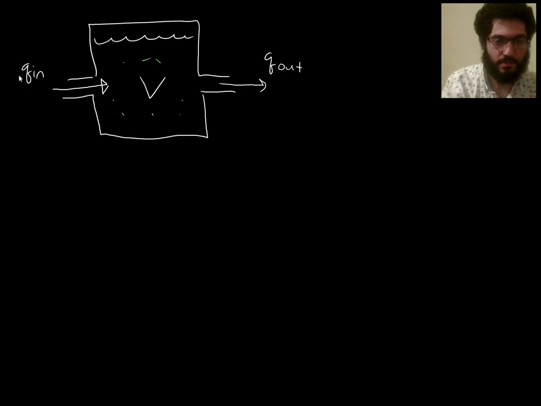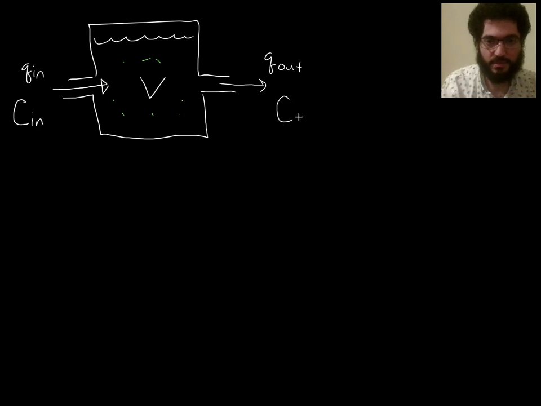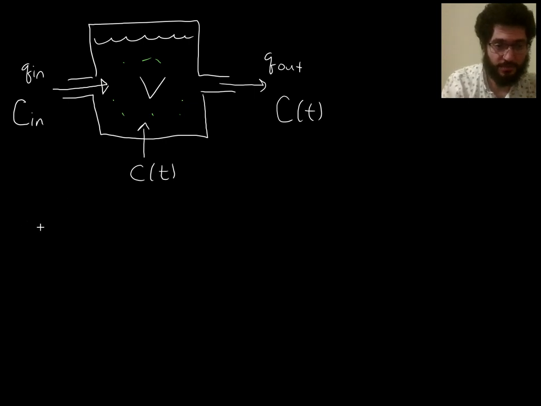And the fluid coming in has some concentration C in, and the fluid exiting has some concentration C of t, because you assume that everything's perfectly mixed, and you use C of t for the concentration of stuff inside the liquid. And then you write down a differential equation, which basically goes like this.